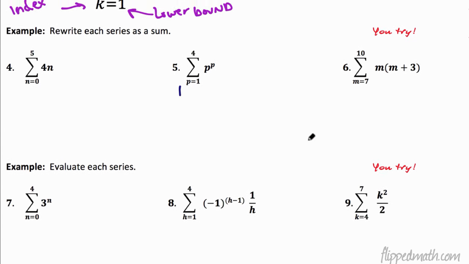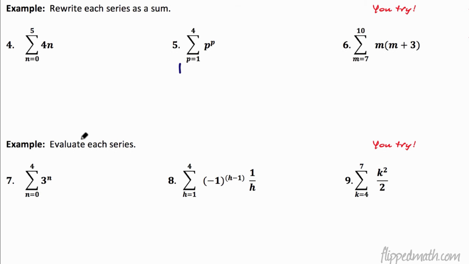Now we'll do some examples. All right, right here. So we start at 0. We're going to plug it in. 4 times 0, plus. And then we keep raising it until we get to a 5. So that'd be 4 times 1, plus 4 times 2, plus 4 times 3, plus 4 times 4, plus 4 times 5.